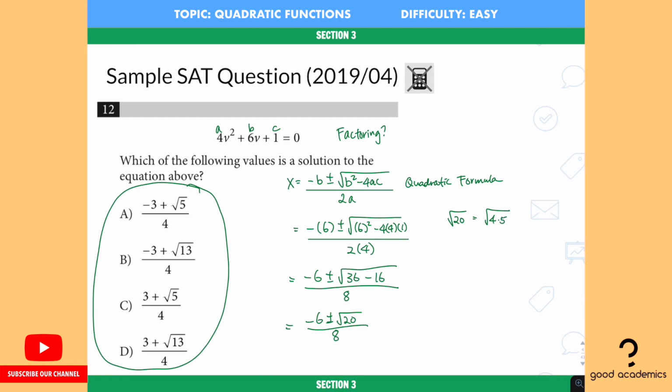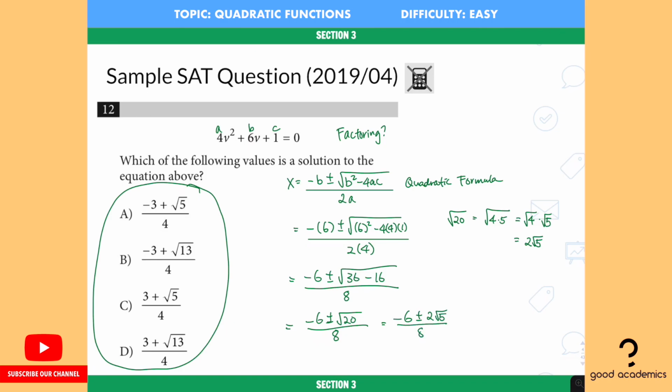And if you remember how to apply square roots, you can distribute the square roots whenever there's a multiplication underneath the square root. So that is the same thing as writing square root 4 times square root 5. Square root 4 is 2, so 2 root 5.